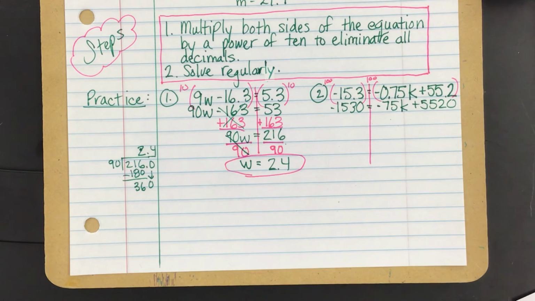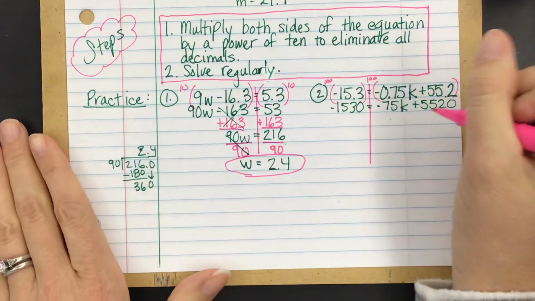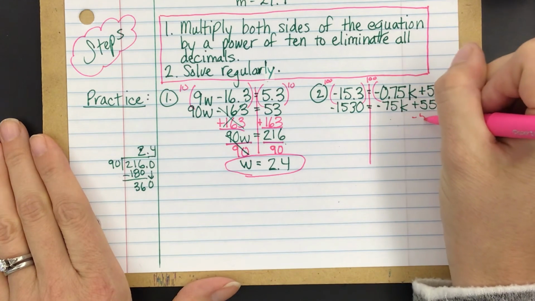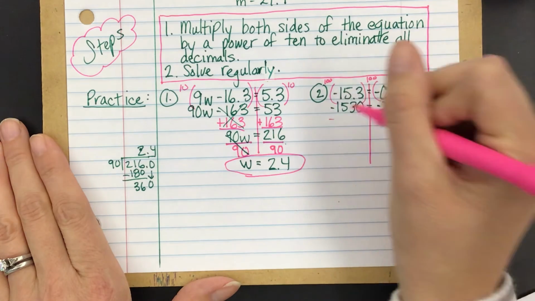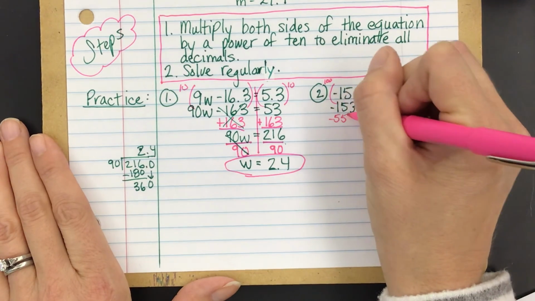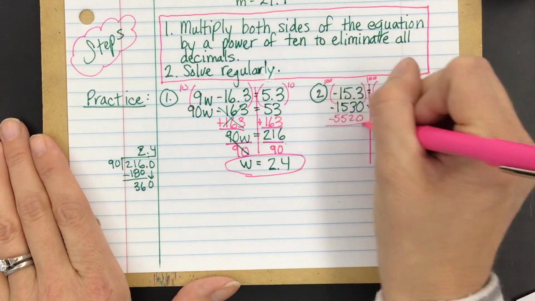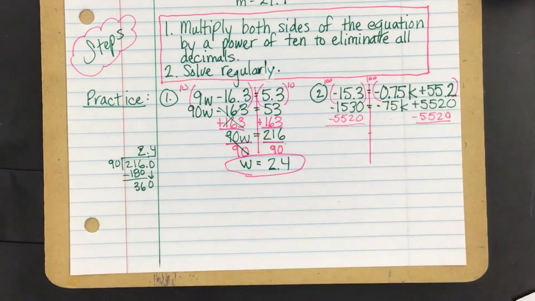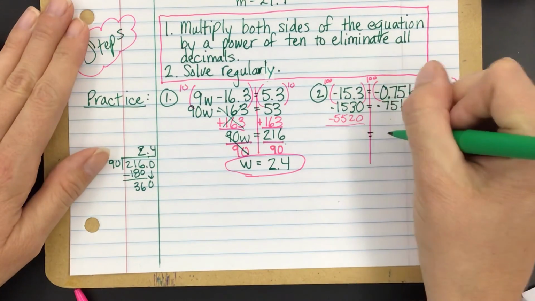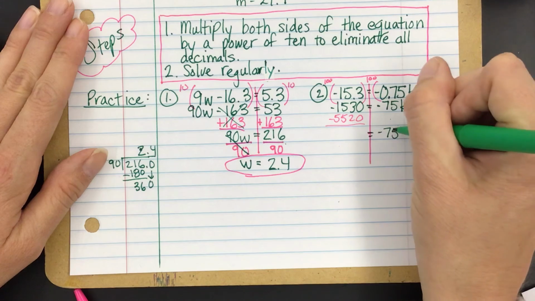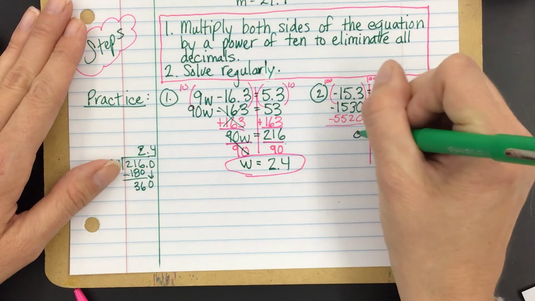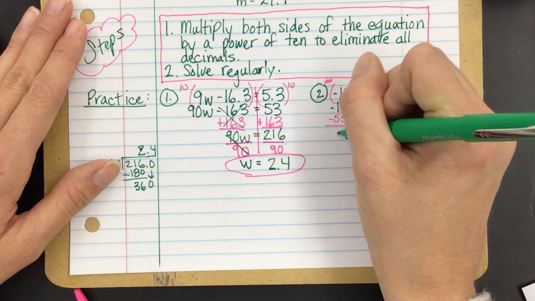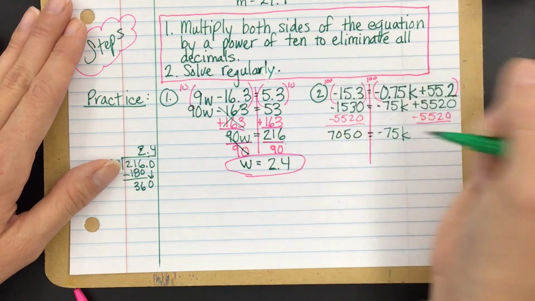Now let's go ahead and subtract 5,520. It's actually going to end up being adding because you have a negative and you're subtracting. So a negative and a negative, that's adding, and that's going to be positive.